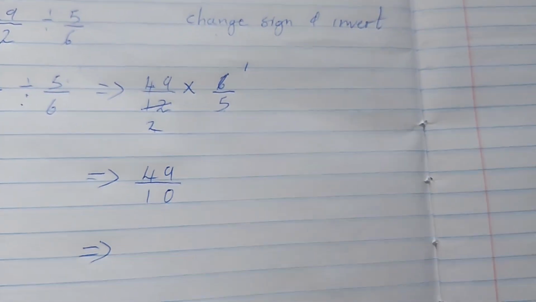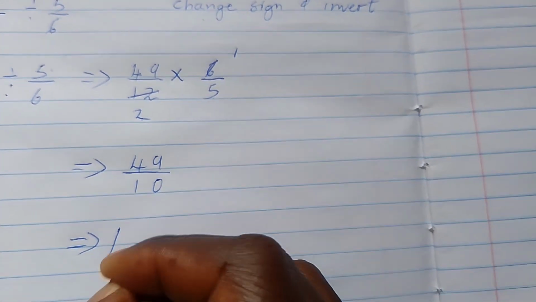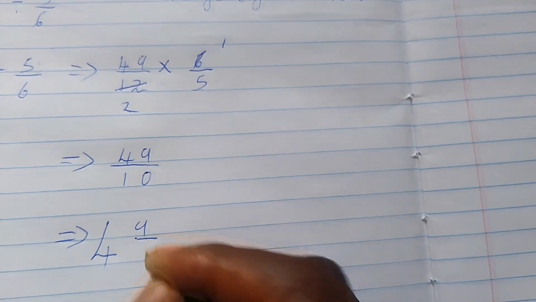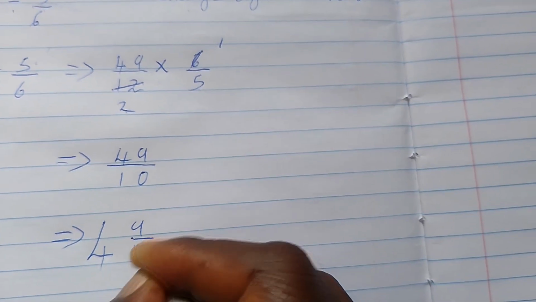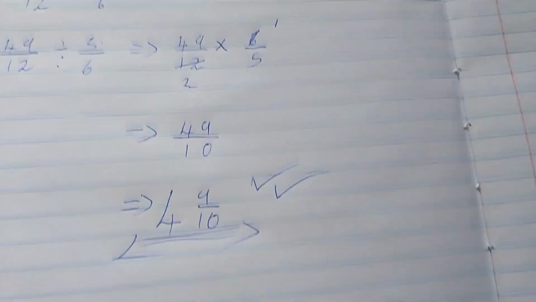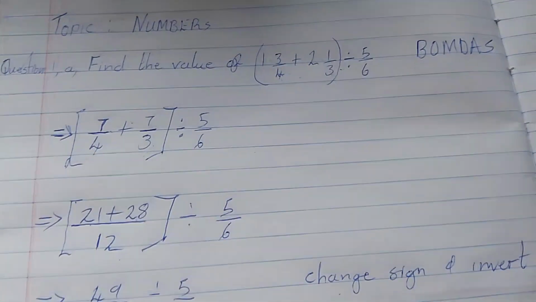Then 10 into 49, we'll be left with our mixed fraction, which is 4 and 9 over 10. That's our answer, and that's our question.